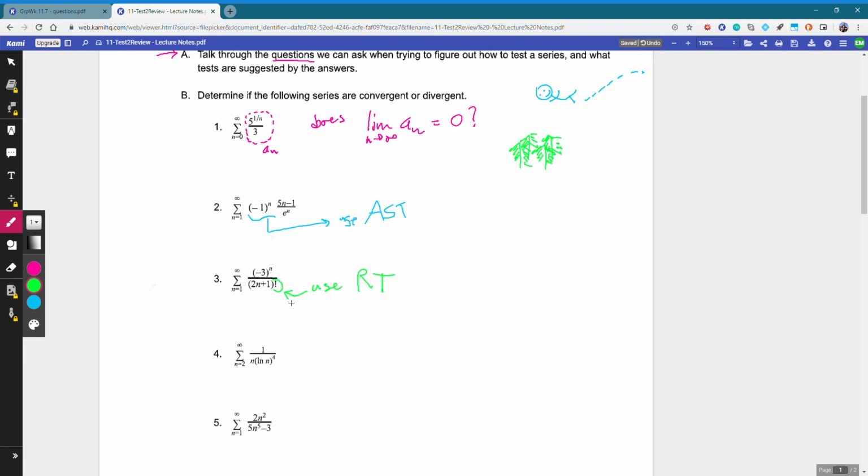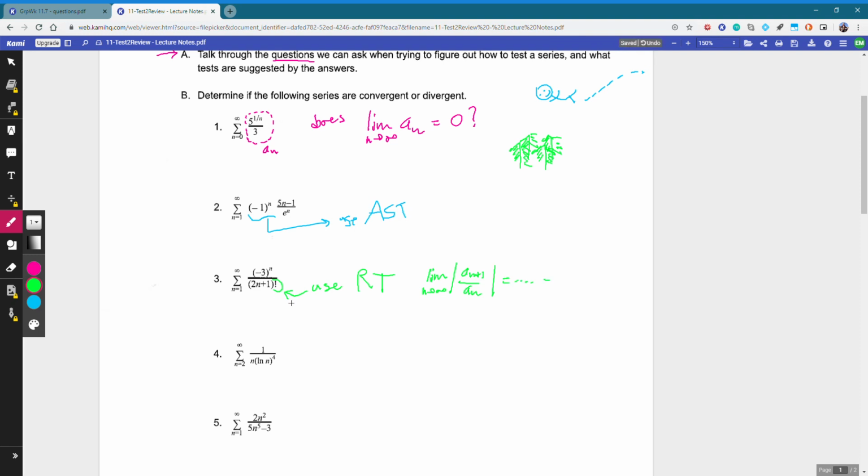And maybe just as we're going, why don't I just remind us about the basics of these tests, what they ask us to do. With the ratio test, we want to look at the limit as n goes to infinity of the absolute value of our ratio of successive terms.